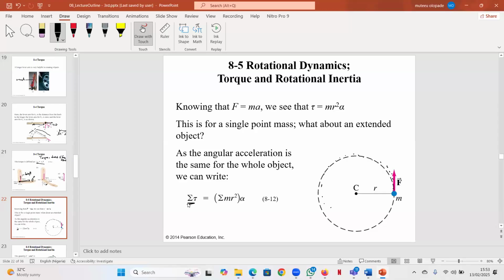If it's rotational, this M is constant, but the angular acceleration is changing at different points. Because F is equal to MA, that is M times alpha, and R is the perpendicular distance, which is squared. So that is what you have there. Any question?